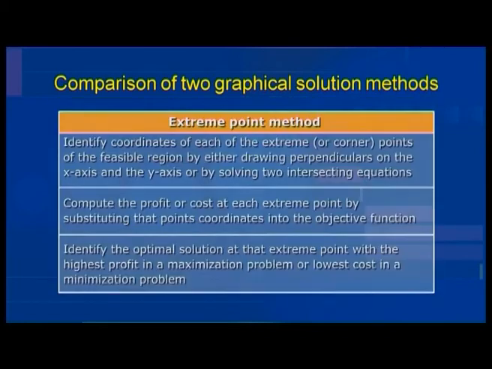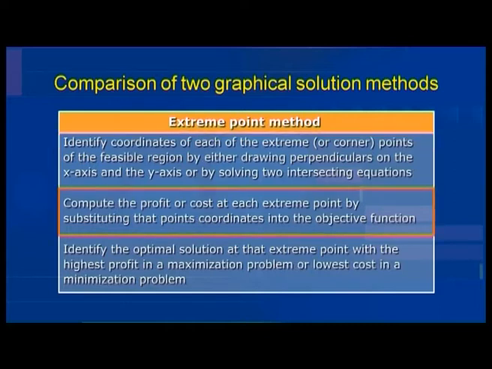Following are the points under the extreme point method. Identify coordinates of each of the extreme or corner points of the feasible region by either drawing perpendiculars on the x-axis and the y-axis, or by solving two intersecting equations.